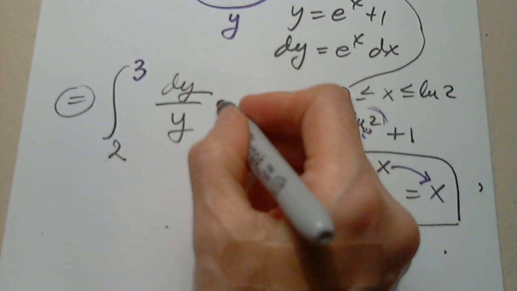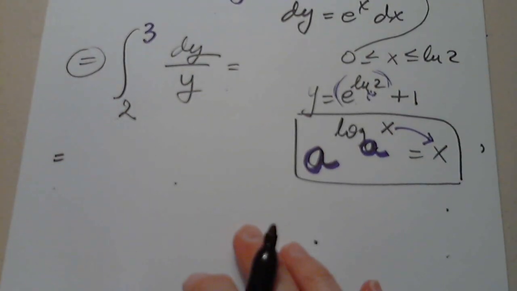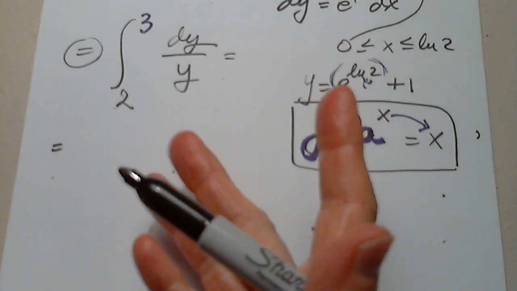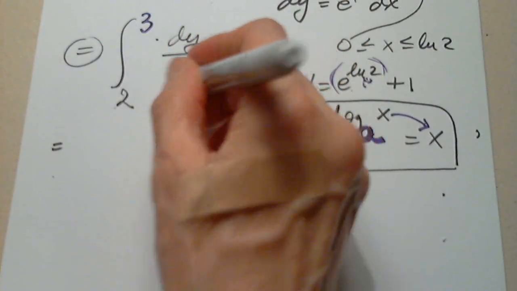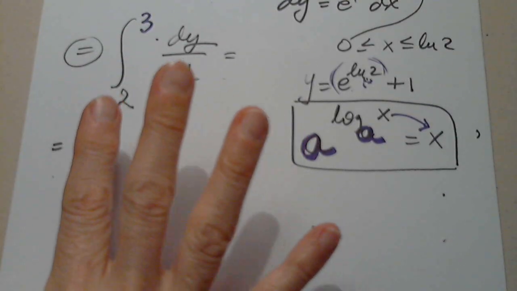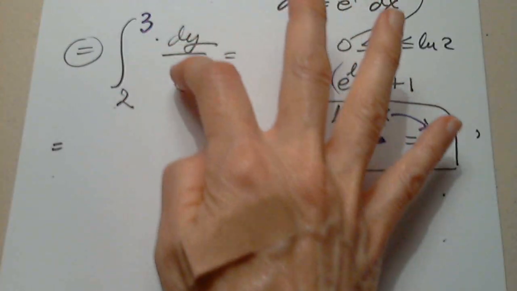So finally, I need to determine the antiderivative, the function whose derivative is 1 over y. Which function has derivative 1 over y? When I differentiate this function, I get 1 over y.